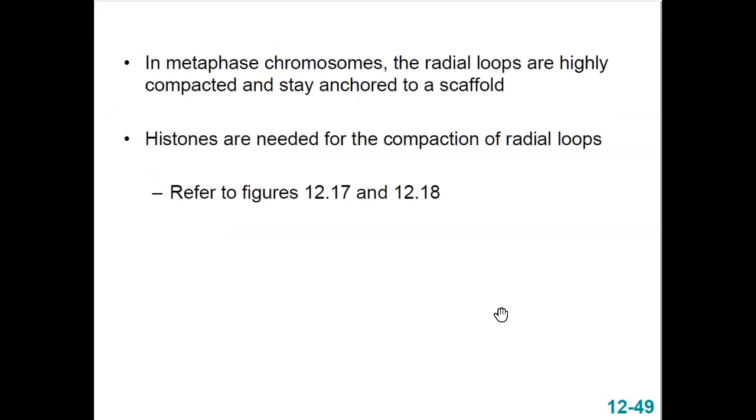Those radial loops are really highly compacted, and if you think back to those proteins on the inside of the nuclear membrane, we know that those proteins allow the release of histones so that the chromosomes can travel to the metaphase plate. So you have a release of that structure as well. Histones are needed for that compaction.